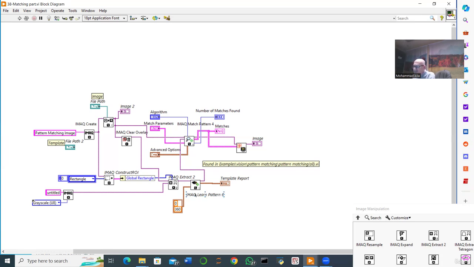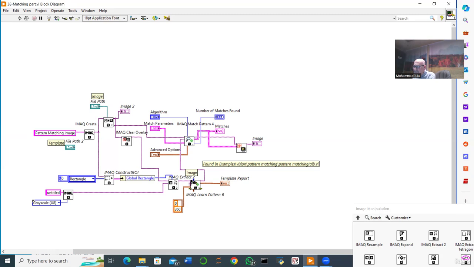In order to learn the pattern, as you see, we need to extract the region of interest from the image and to input it to the IMAQ learn pattern.